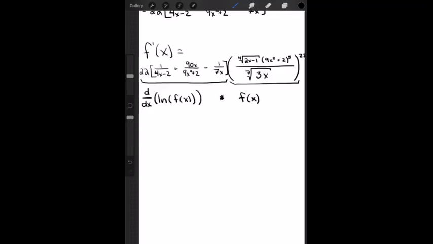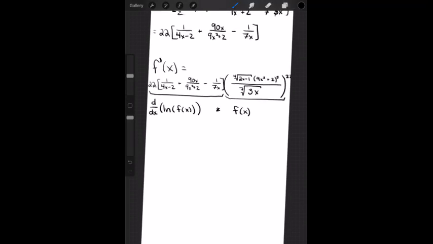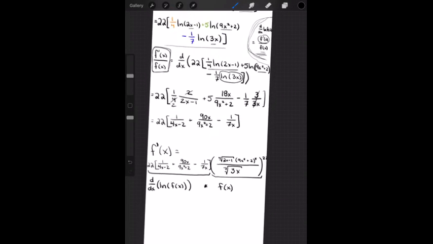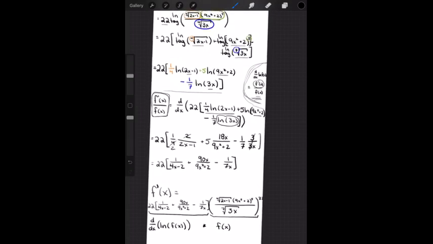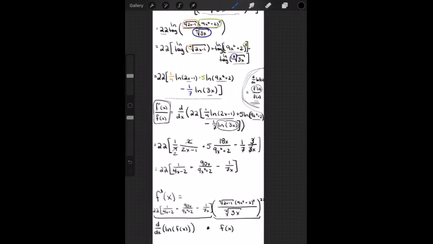And when we multiply those things together, we get the derivative of f of x. Let's see, is that far enough up, or do I need to do some more?